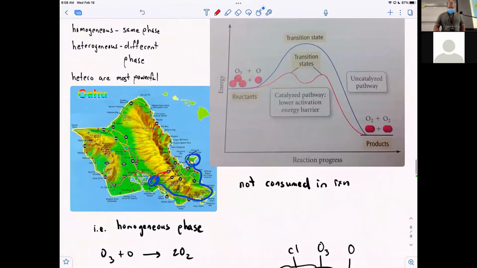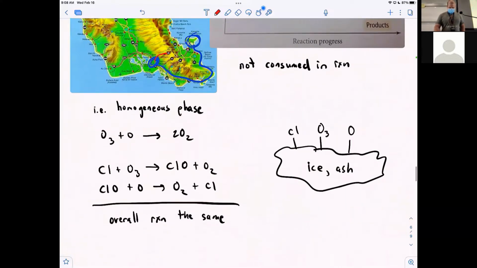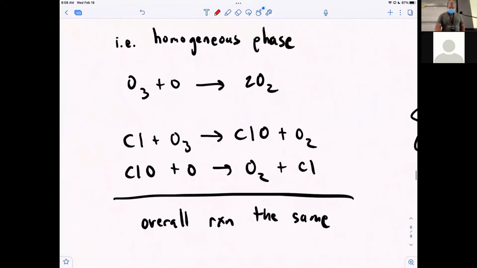Okay, so, not consumed in the reaction. What do I mean? A chlorine radical can catalyze the depletion of ozone. This is all gas. A chlorine radical can react with ozone to form chlorine monoxide plus oxygen.